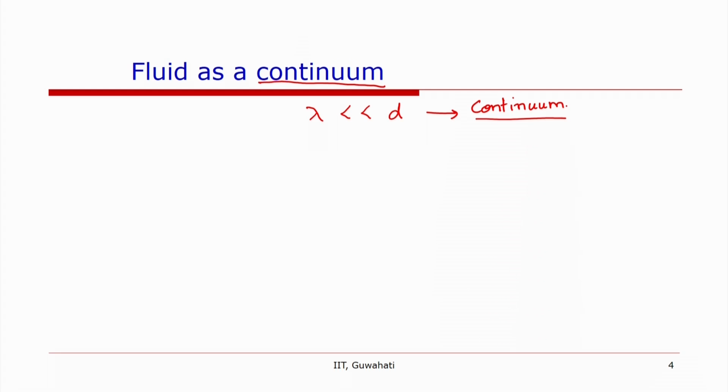So what is lambda? Lambda is the typical distance between the fluid molecules, the mean free path of the molecules for a fluid, and d is the length scale of the problem that you are considering.